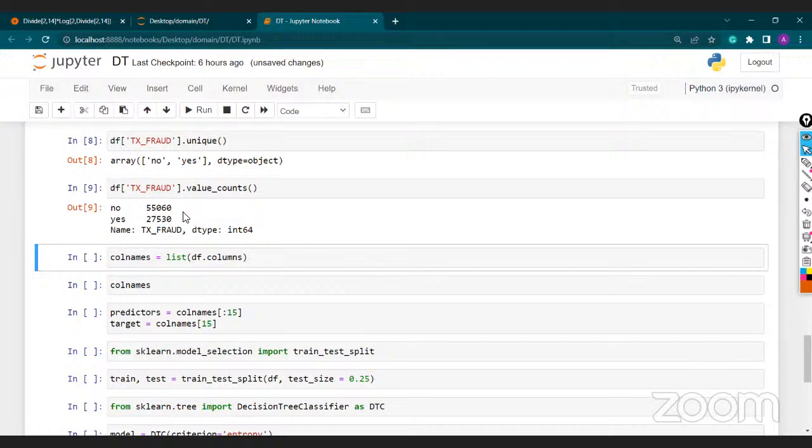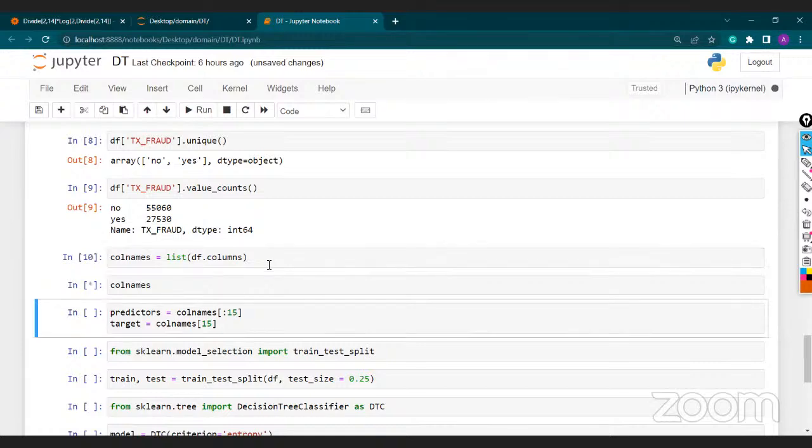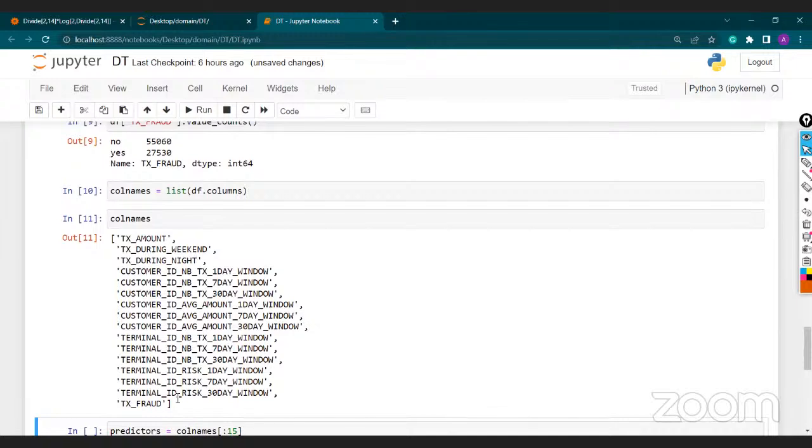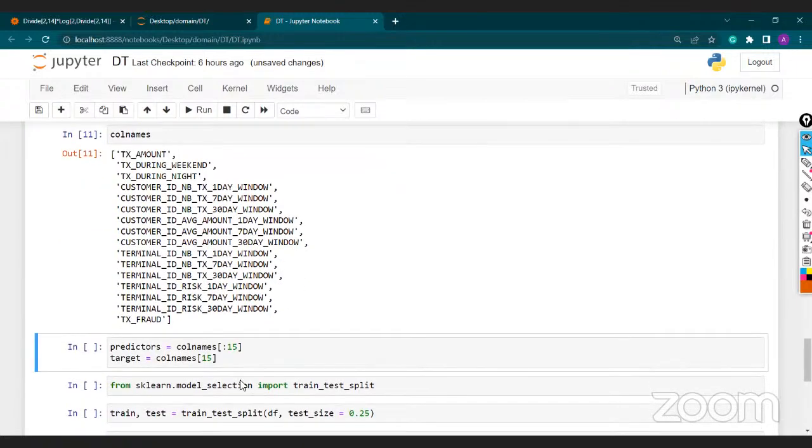So what we'll do is we'll split our column into different values. So these are our column names. So what we'll do is we'll create target values and we will create predictors.